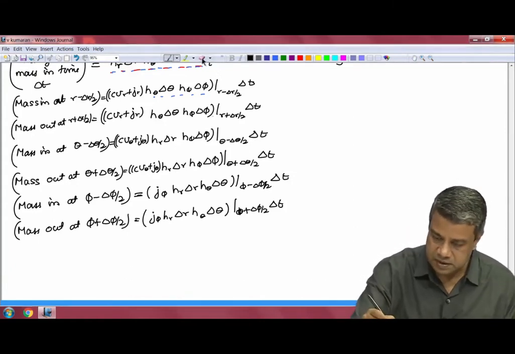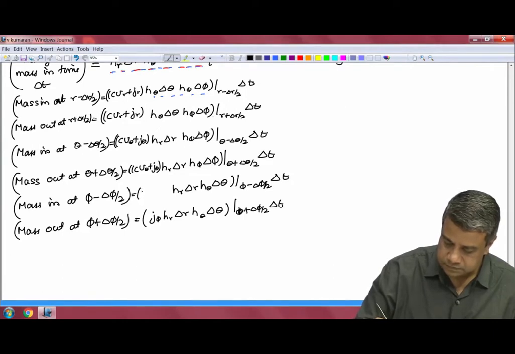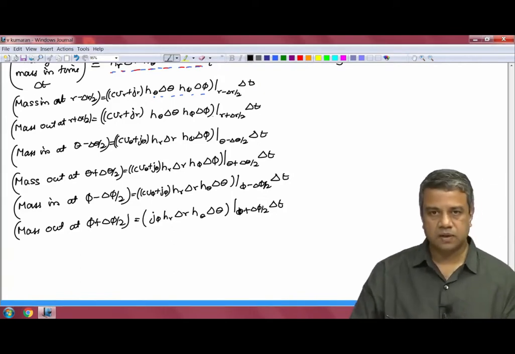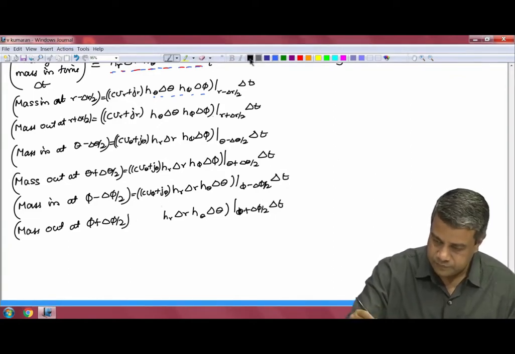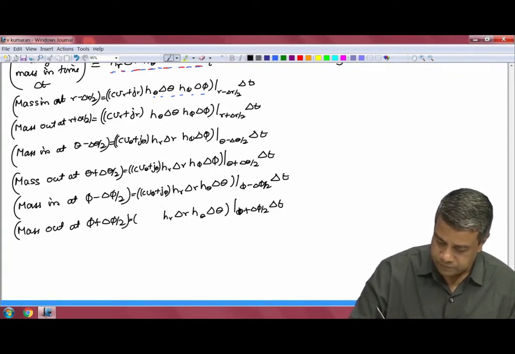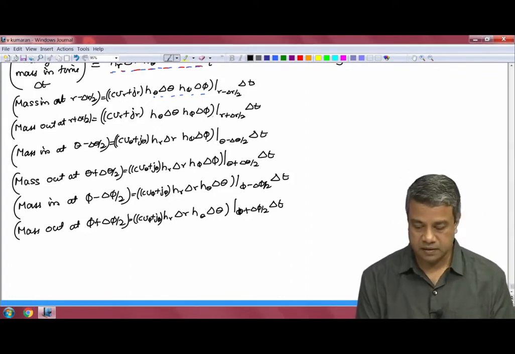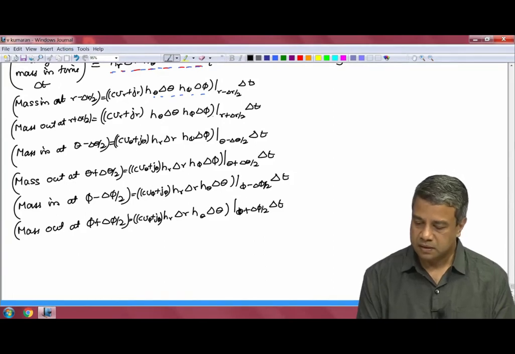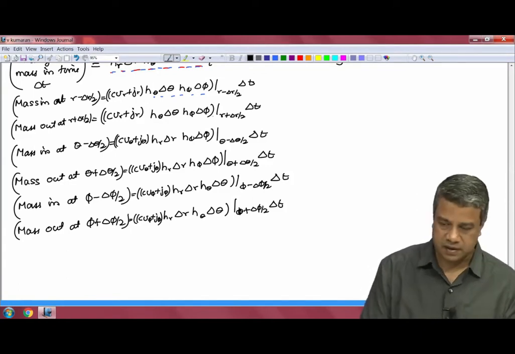And similarly in the phi direction, including both the convective and the diffusive parts, times the surface area of the surface perpendicular to the phi direction, which is hr delta r times h theta delta theta.